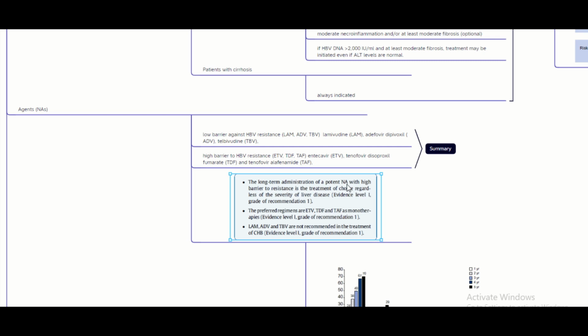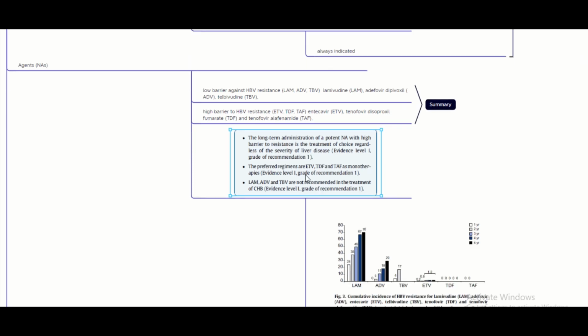So the treatment of choice is long-term administration of a potent NA with high barrier of resistance. This is regardless of the severity of the liver disease. The preferred ones are entecavir and tenofovir with both its variants.